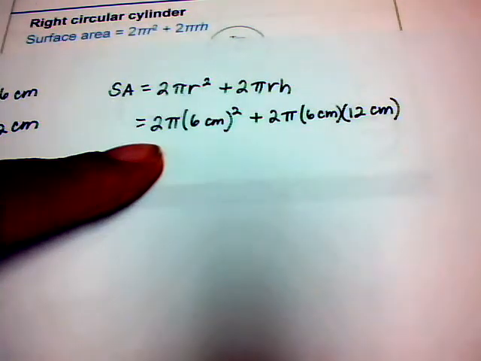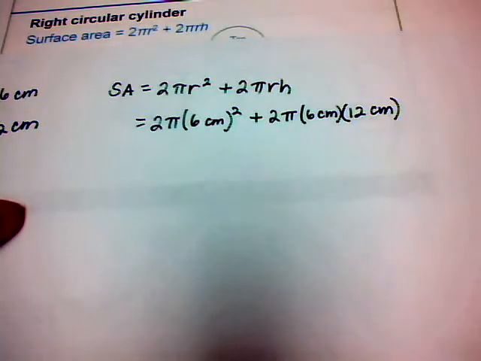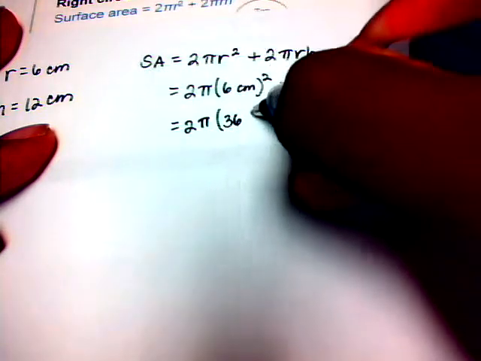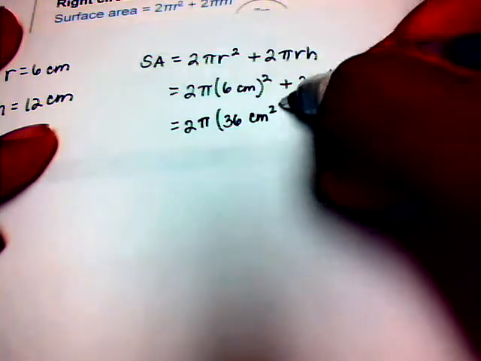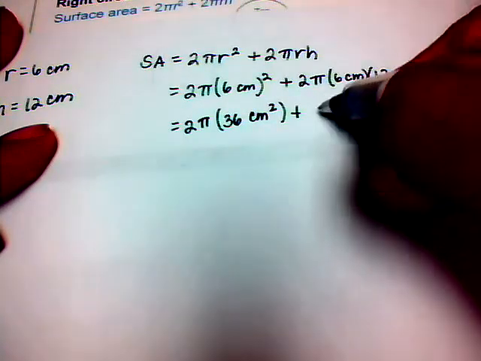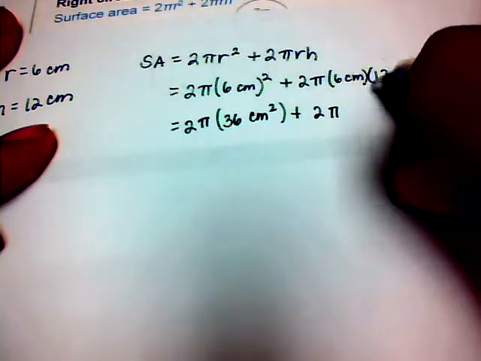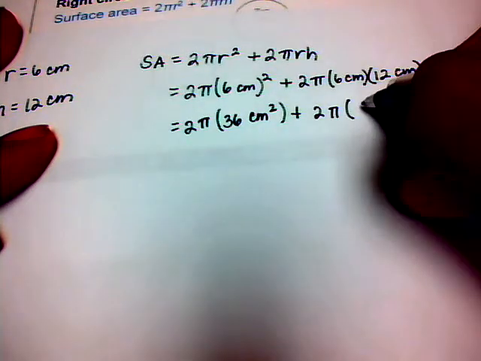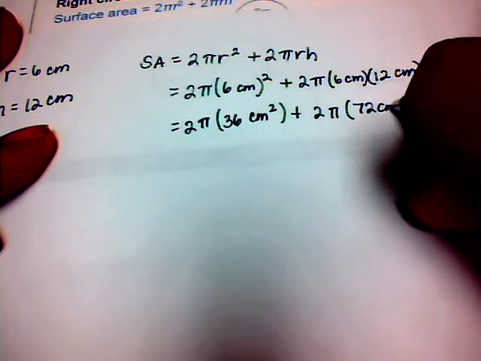Now we're going to simplify this a bit. 6 squared is 36. So I'm going to have 2 pi times 36 square centimeters plus 2 pi. And if I multiply 6 times 12, that's 72. So that's 72 square centimeters.